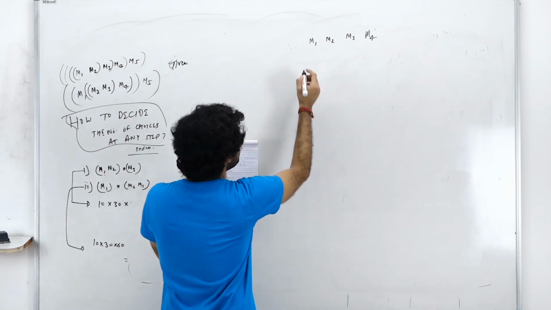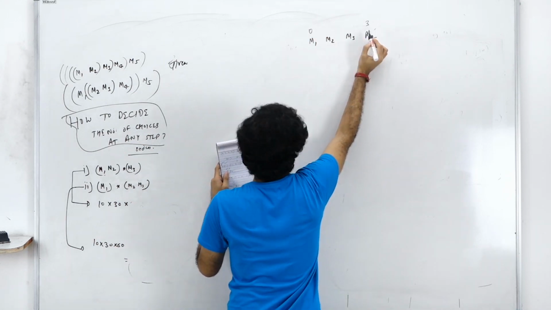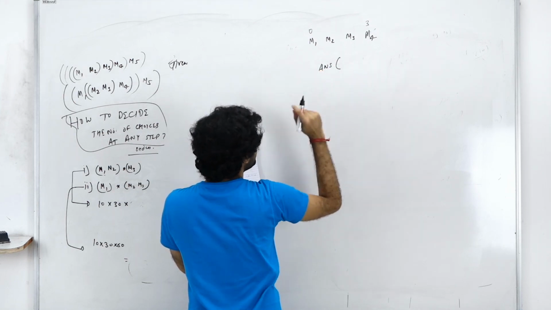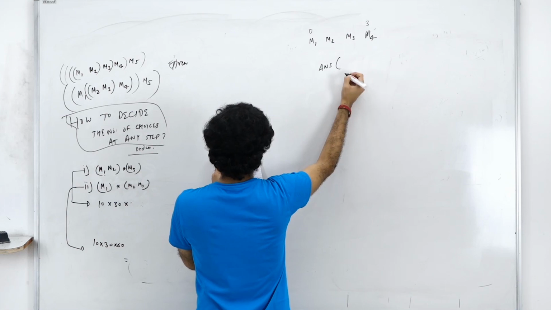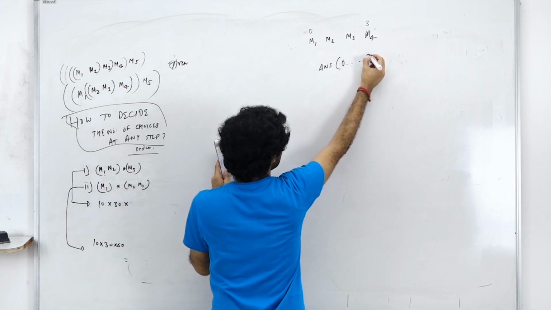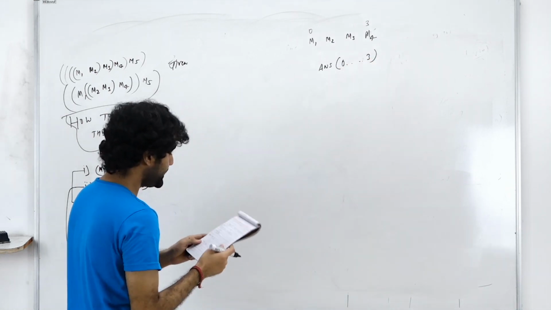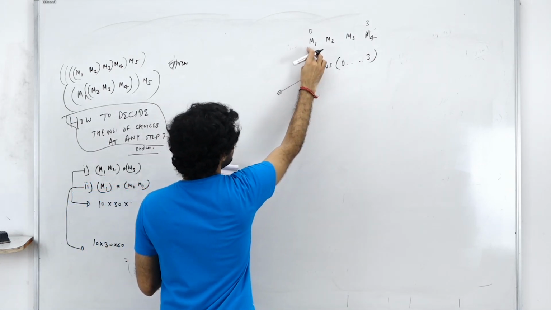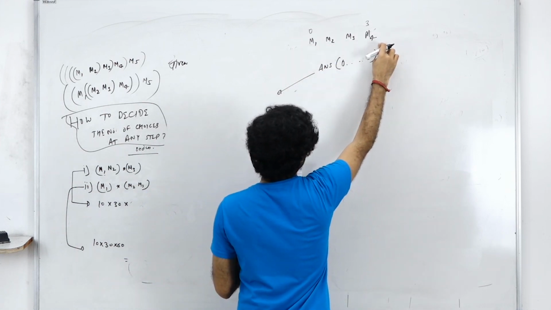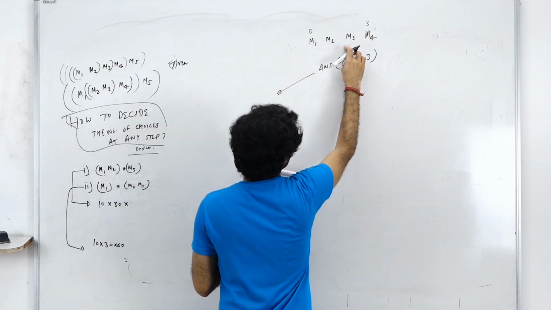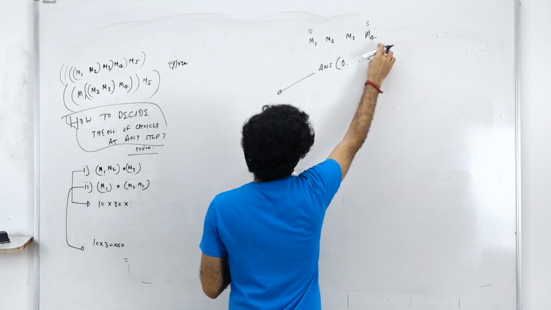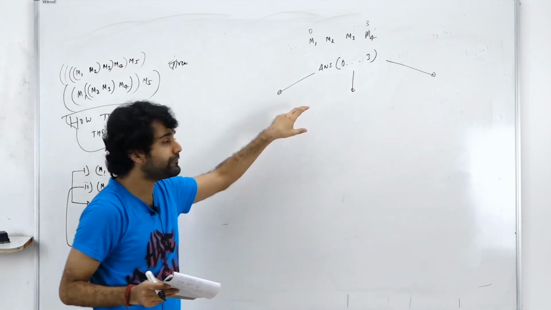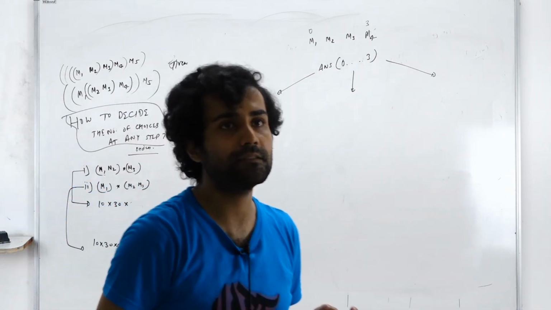I can call this my 0th matrix and this my third matrix. Let's say I want to find the minimum cost of multiplication from index 0 to index 3. I've got multiple choices over here. First choice is where I can create a chain of this much and multiply that with this much. Second choice is a chain of this much with this much. Third choice is a chain of this much with this much. So there will be three choices coming down the line from here. Is everyone able to make sense out of what I am saying? Just type in yes.